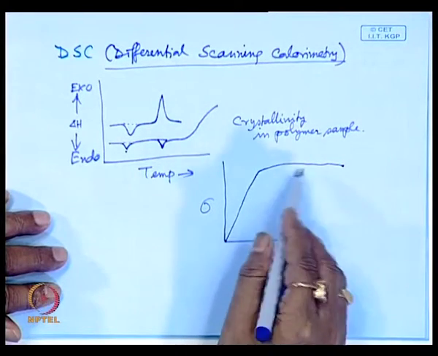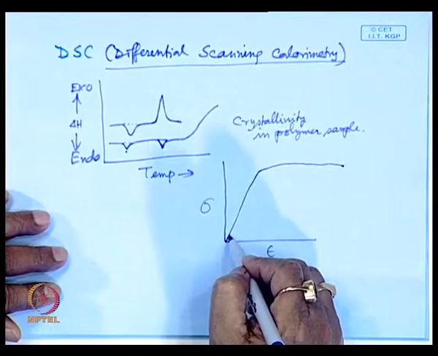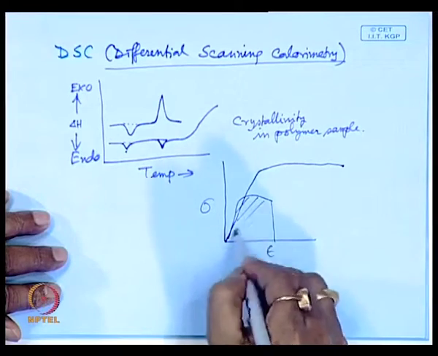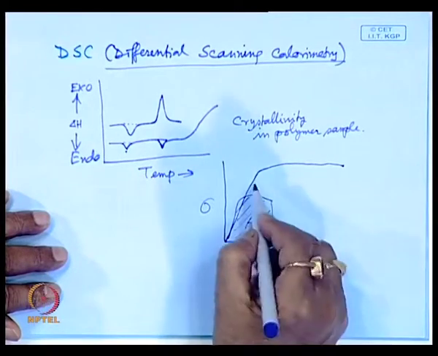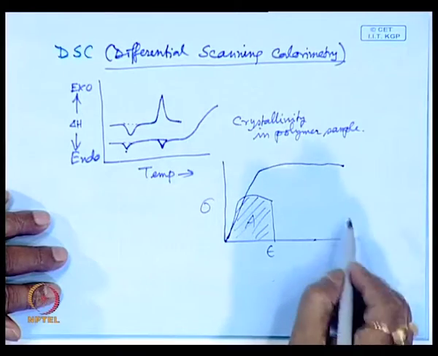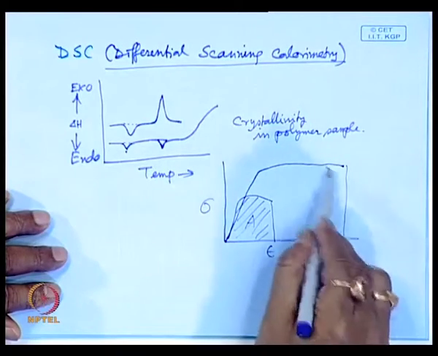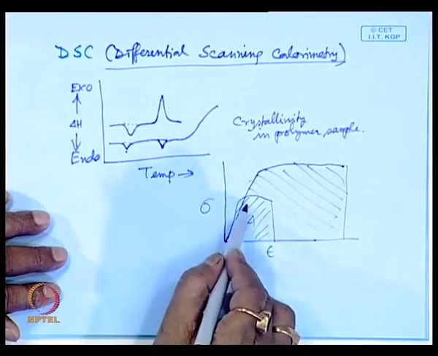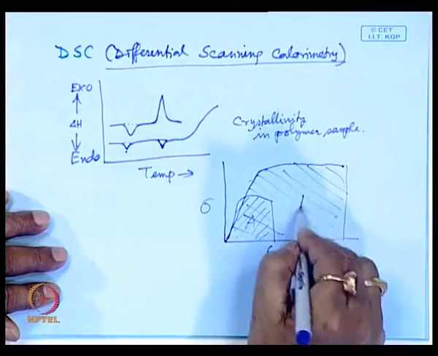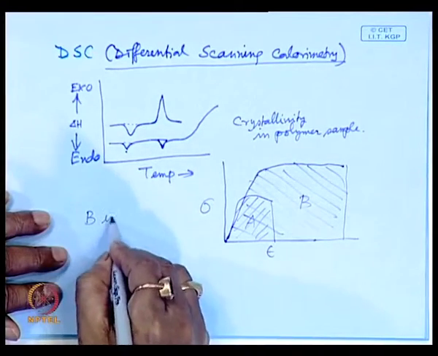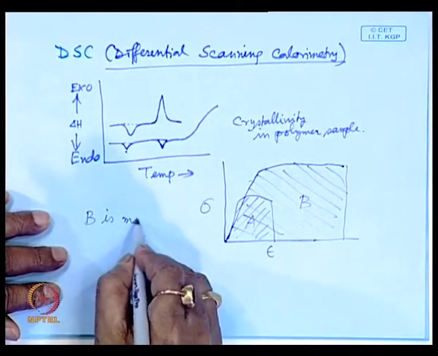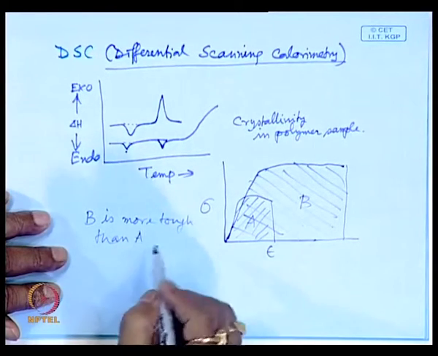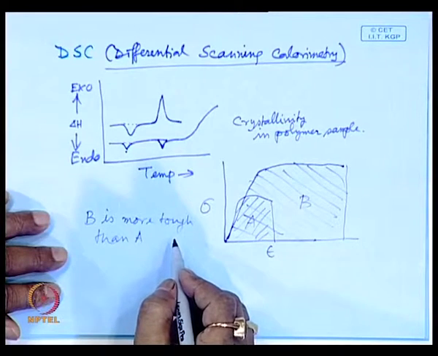So, if you compare this material with another material like this, say A, and this is B. So, B is more tough than A. What does it indicate?